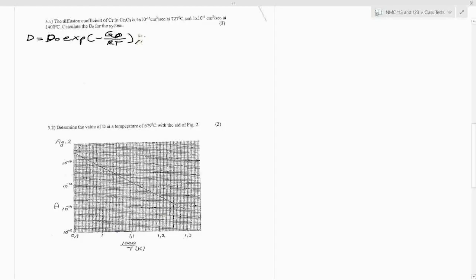And the subsequent values, we can call them DCR1. That's 4 times 10 to the minus 15 centimeters squared per second.